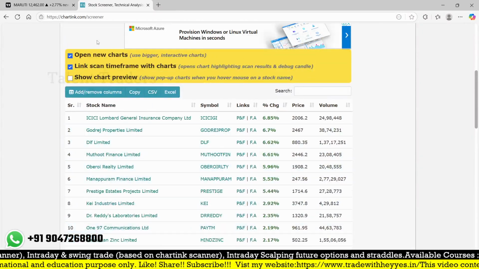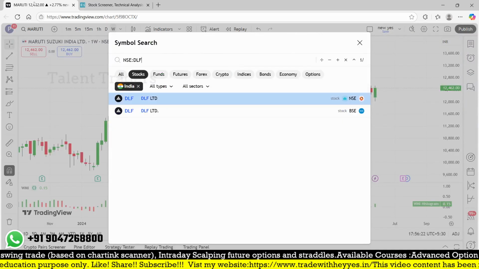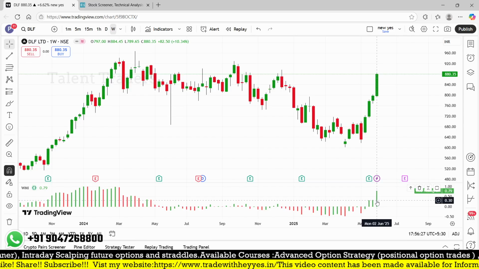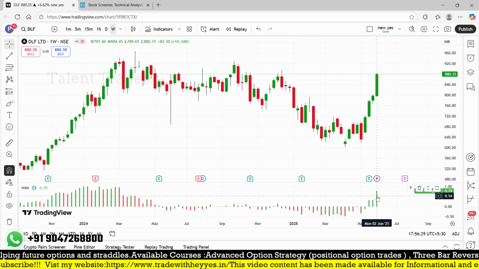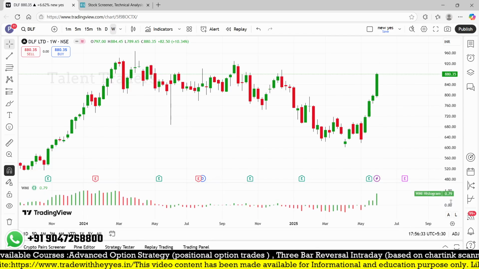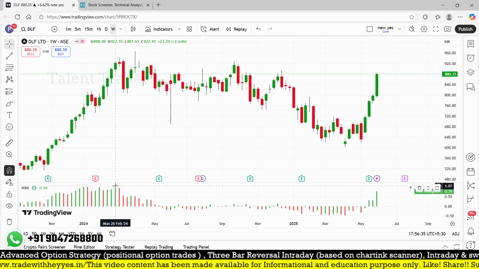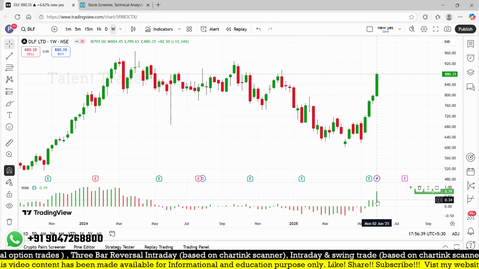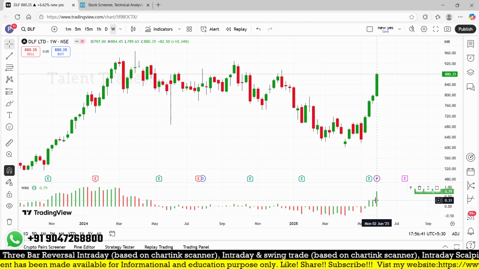Let me check DLF, the daily value, the histogram value. The histogram value is around 0.79. Exactly where you can see that was the maximum at one level, and it even goes higher, but it is the highest value, or we can also look for breakouts.